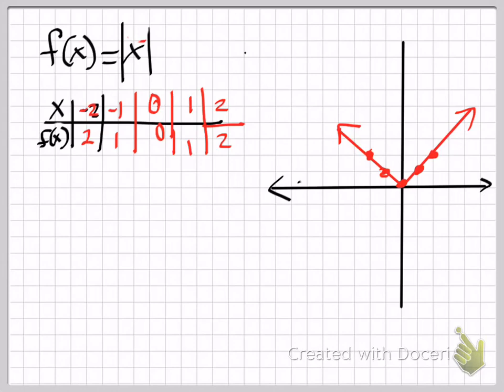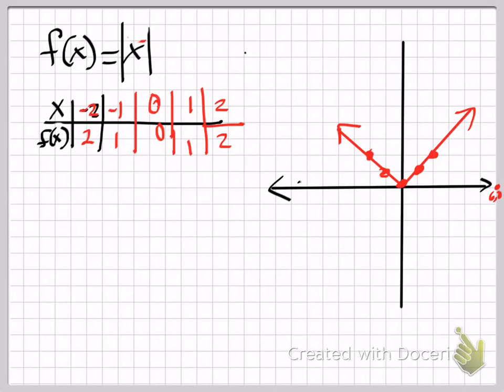Who can state the domain here? Irene. All real numbers? All real numbers. When we have that slanted line, it's going to be all real numbers, because even if I pick an x right here, what is that x? 6, 0.